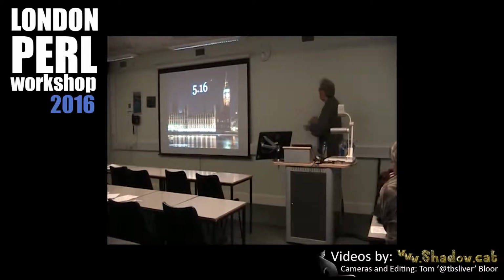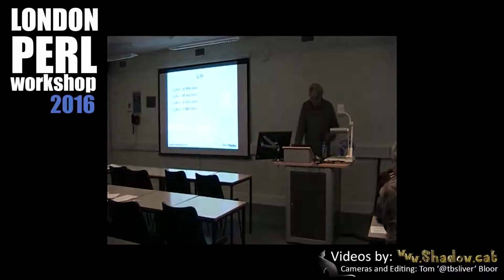So, Perl 5.16 is the first version that we're going to cover. The previous version went from 5.10 to 5.14. Perl 5.16 came out in 2012. There are a few updates to it. The current version, Perl 5.16.3, came out almost a year later.